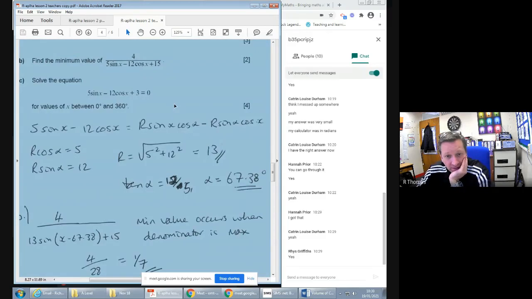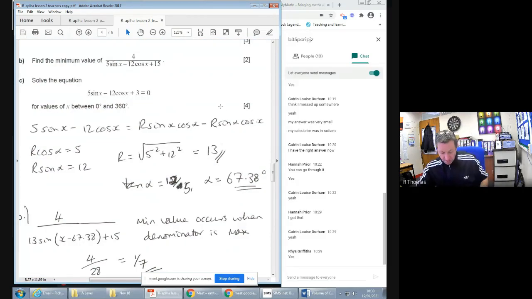And then the last bit is with 4 marks, which makes me think there might be a little tiny twist in it because it's normally only worth 3. Solve that equation then. So I'm going to replace all of that with my 13 sine brackets, x minus 67.38.